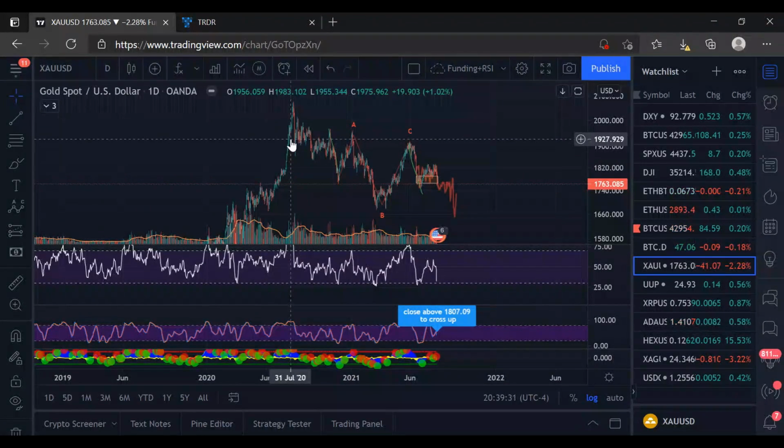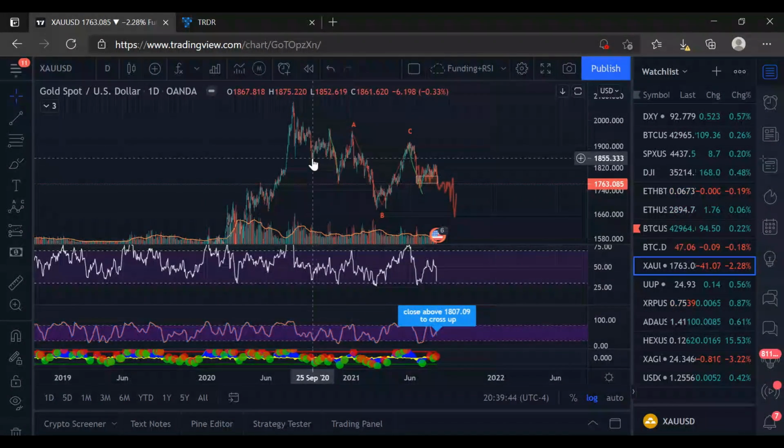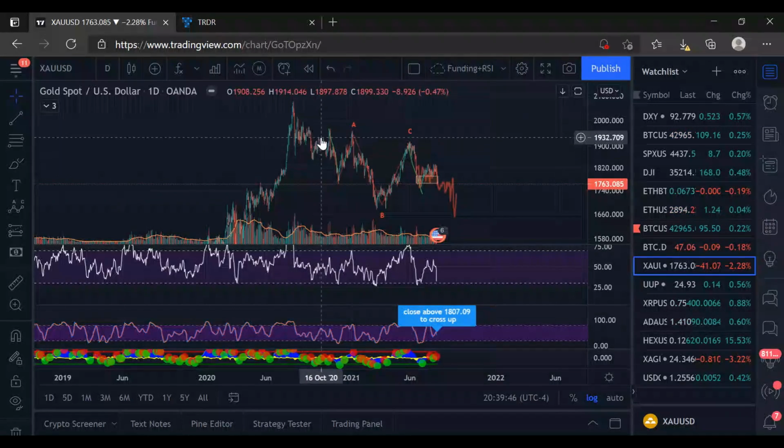So I sold right up on here. I was like, that's enough for me. And then it broke above, came back down. I bought again, and it got stopped out. And then I think I bought this one, sold it as soon as it made it back into the consolidation range. Little tiny profits, and then I haven't touched it since.